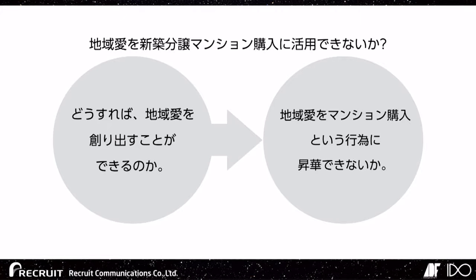So, for example, if you want to use a certain concept for buying apartments or housing, and this one is being tried in 10 or 20 different local areas, how can you create people who love that area? And the second one is how can you connect these local people to buy the apartments or houses who love this area.